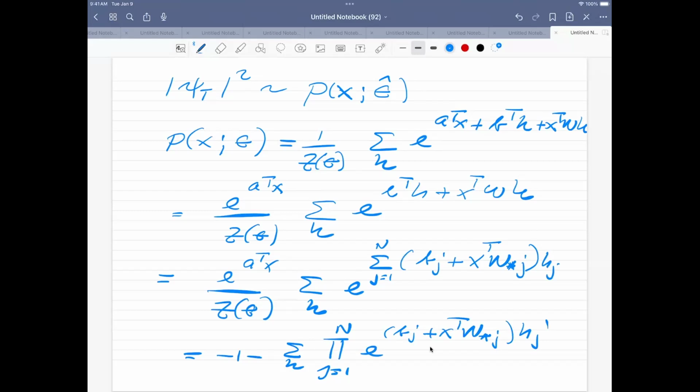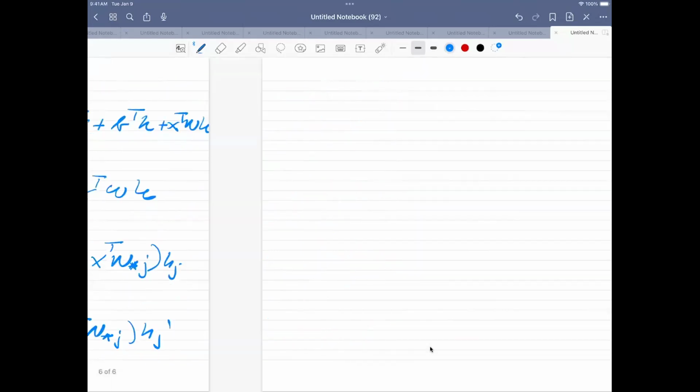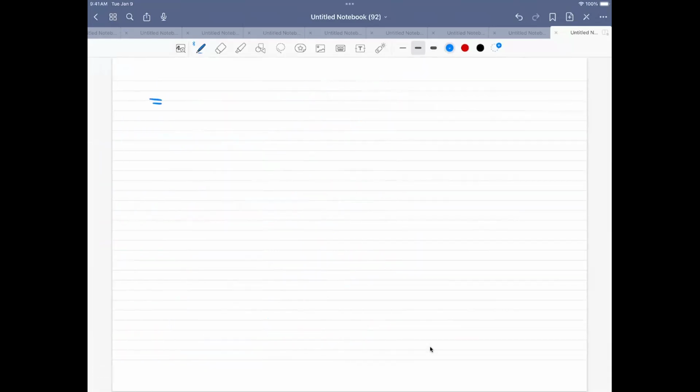And I can actually rewrite this now, because now I'm looking at all the different hidden variables which I have. So this is something which I can then rewrite as 1 over Z of theta of E of A transposed times X. And then I'm going to have the sums over all the hidden variables.